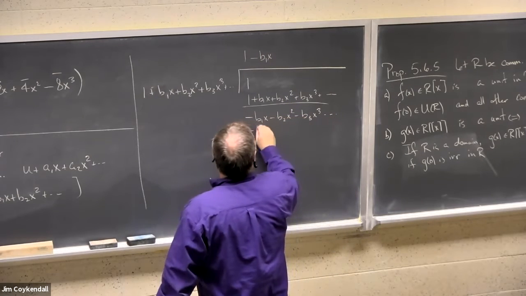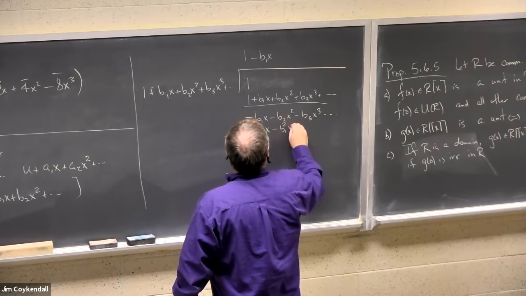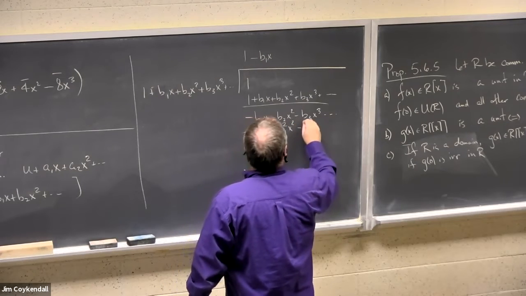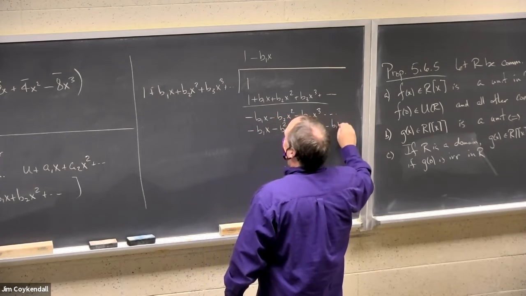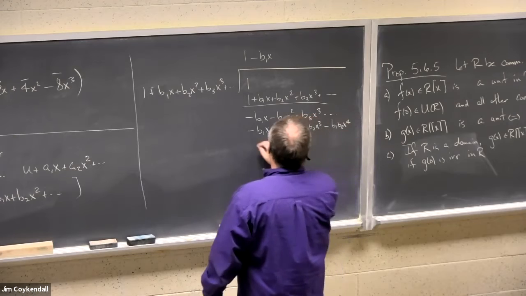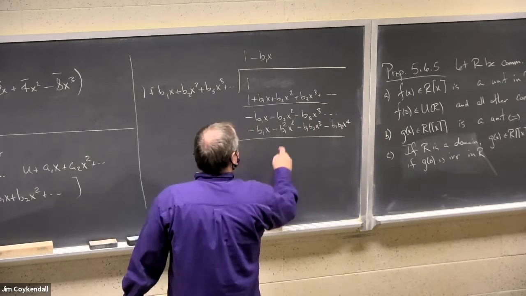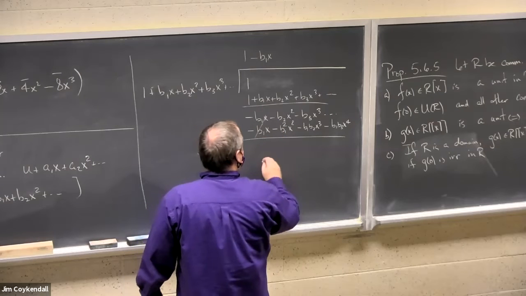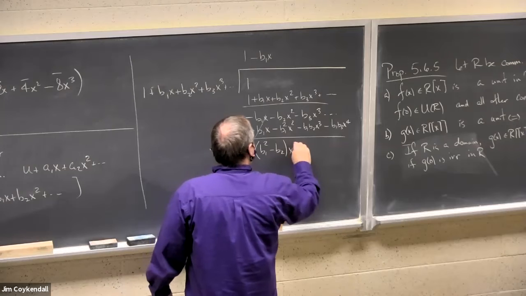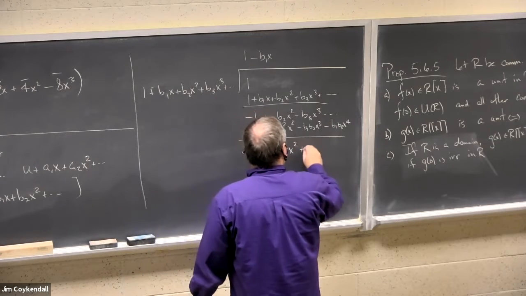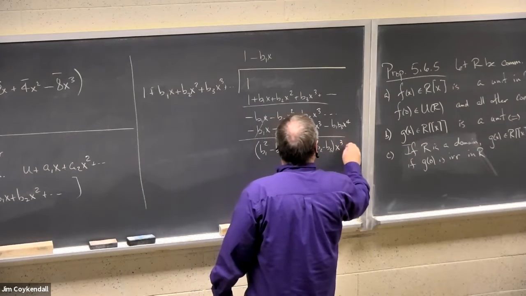And this is minus b1x minus b1 squared x squared minus b1 b2 x cubed minus b1 b3 x to the fourth, etc. And you subtract again, and this gets worse because when you subtract here, these are dead, and you get b1 squared minus b2, x squared, and then b1 b2 minus b3, x cubed, etc.